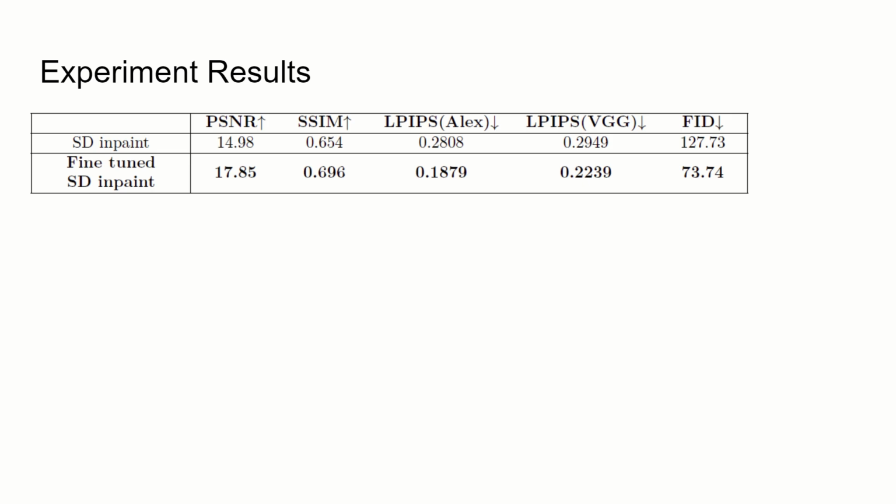The evaluation metrics also support our argument, whether considering pixel space metrics such as PSNR and SSIM, or feature space metrics such as LPIPS and FID. The fine-tuned model outperformed the baseline model. This suggests that after fine-tuning, the generated images are more realistic and high quality.